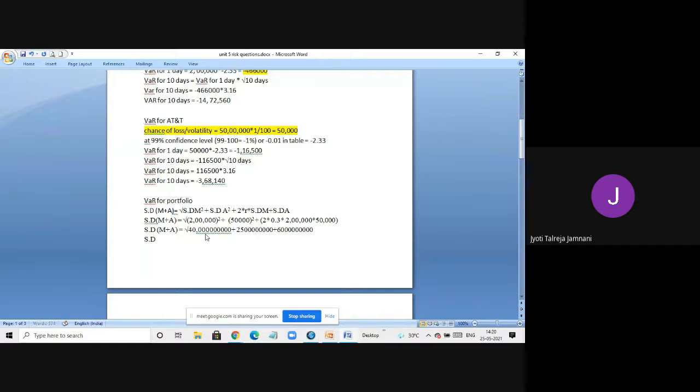And the deviation of M plus A is equals to square root of, we'll add all this 3 and find its square root.